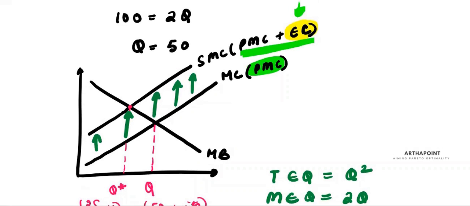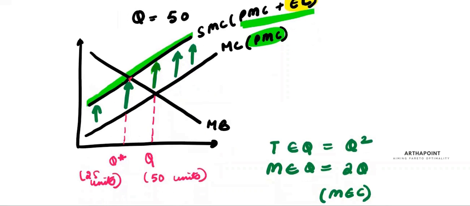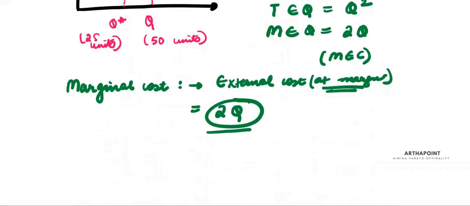You want them to consider that there is an additional cost involved, and to treat this as their cost function. So you want them to shift the cost function. One way to make them shift this cost function would be charging a tax equal to the marginal external cost. The marginal external cost is 2Q, so you charge them a tax equal to 2Q.